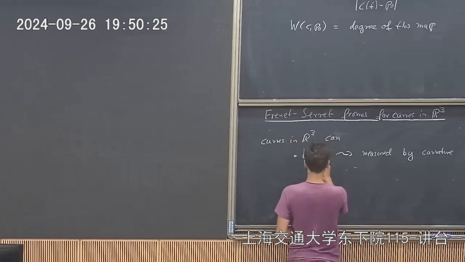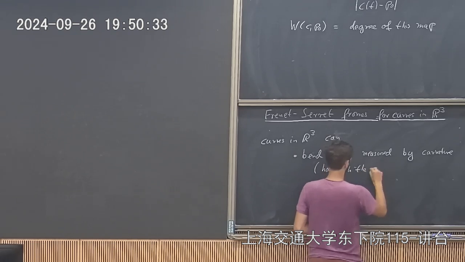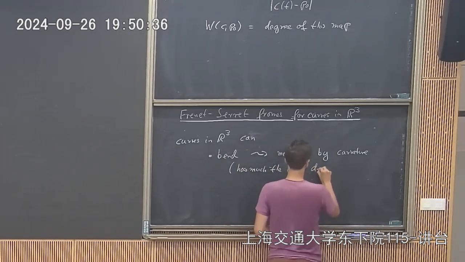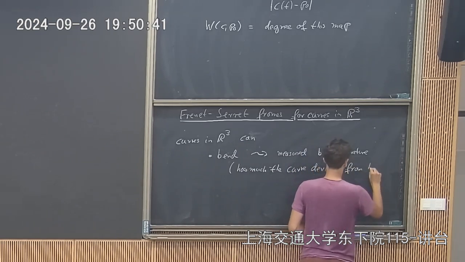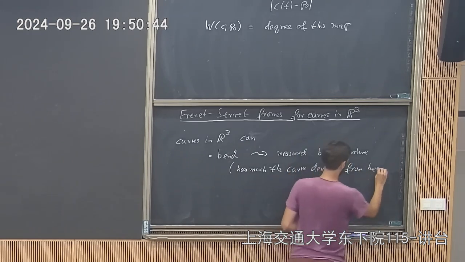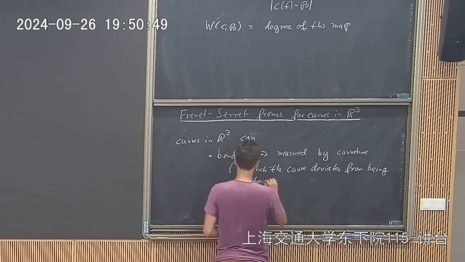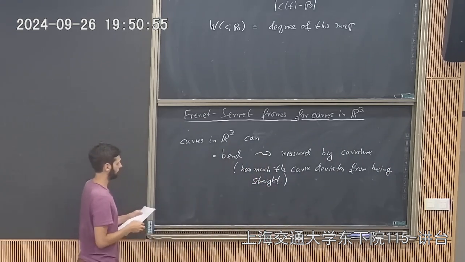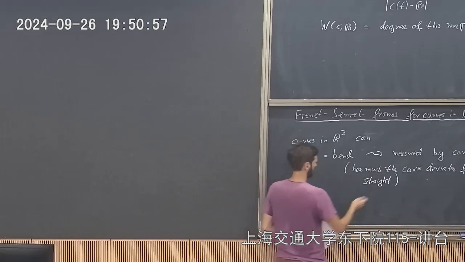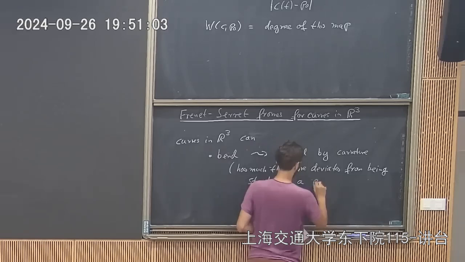So the bending is again kind of how much the curve deviates from being a straight line in a plane.